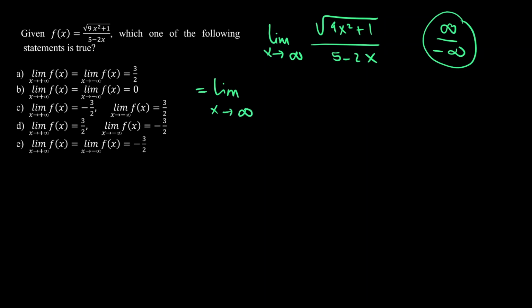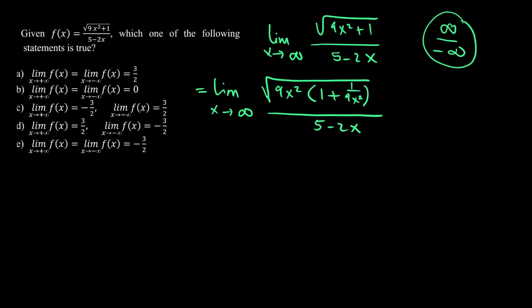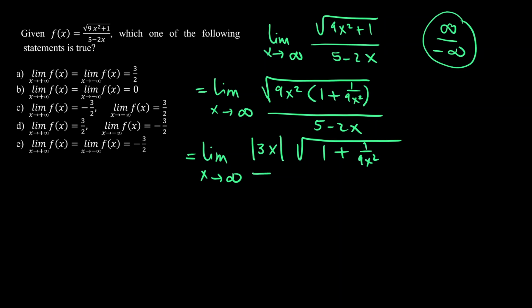So if I take just 9x squared as a common factor, now inside I have 1 plus 1 over 9x squared, and the denominator is still the same. Now this 9x squared will come out as the absolute value of 3x out of the square root, and that is going to be 1 plus 1 over 9x squared divided by 5 minus 2x.